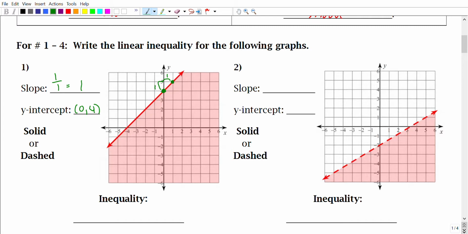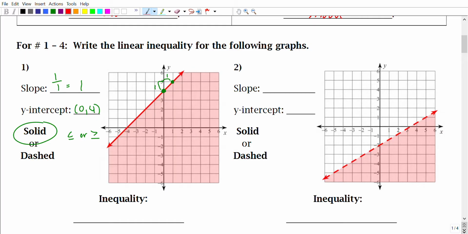Now we have a solid line here, meaning we have to use a less than or equal to or a greater than or equal to sign, right? Those are our two choices because we do have a solid line. Now, in the graph, it looks like we're shading below. So which one are we going to use?